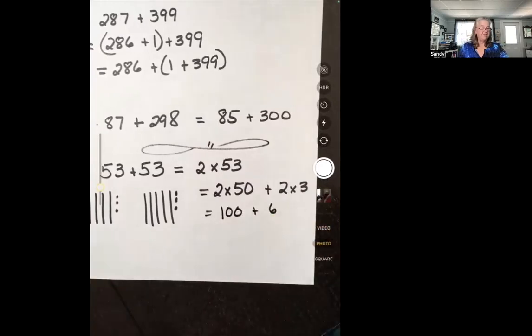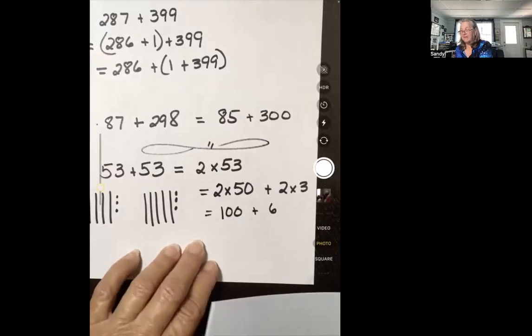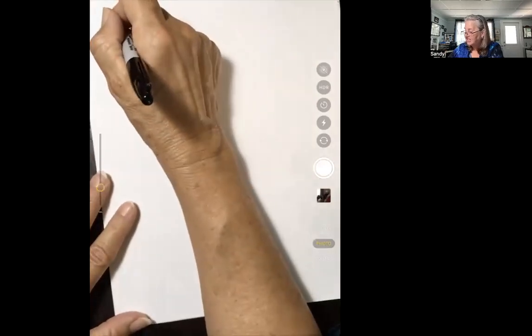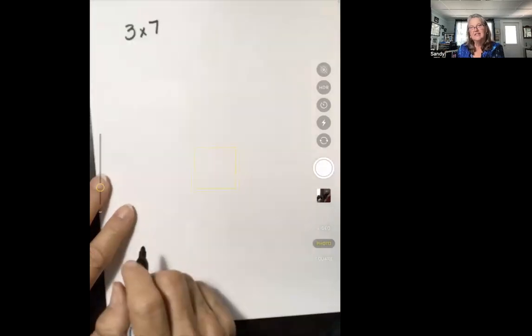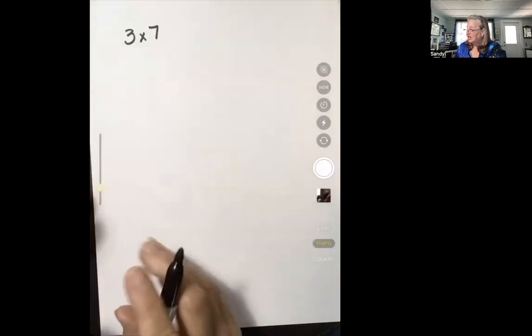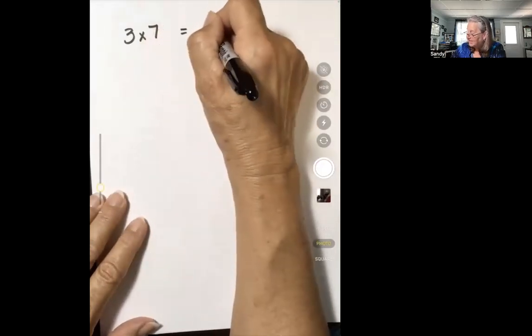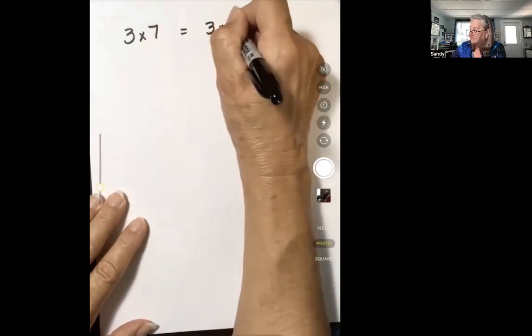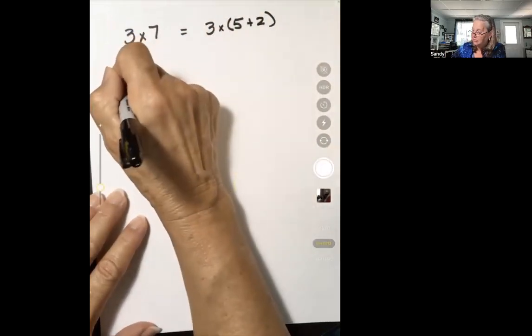So that doubling strategy lets me get to the distributive property. As I said, when your children are starting to work on that multiplication, even something as simple as 3 times 7, see, we're wanting them to start to think about, well, you could think of that 7 as 5 and 2. It would look like this more.